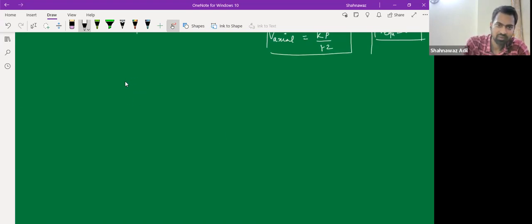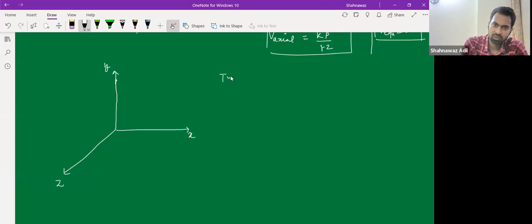Okay, so now let us do one question and try to understand. We have this three coordinate system, right? So this is y, x, and z, and we have two charges placed at, let's say, P, which is (0, 0, -a), and Q, which is (0, 0, a).